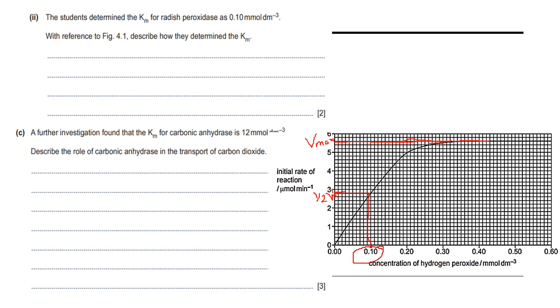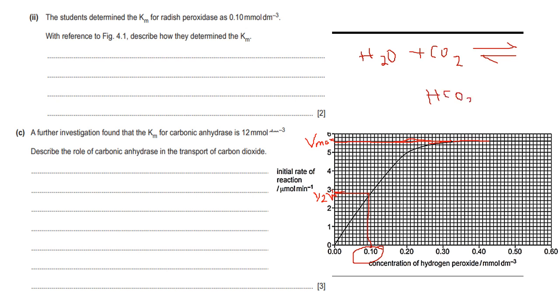Okay, so what is the role of carbonic anhydrase in the transport of carbon dioxide? First things first, carbonic anhydrase is the one that catalyzes the reaction between H2O and CO2 in the body. Okay, and that's one of the ways in which we transport, and I think from there we form bicarbonate, if I remember correctly.